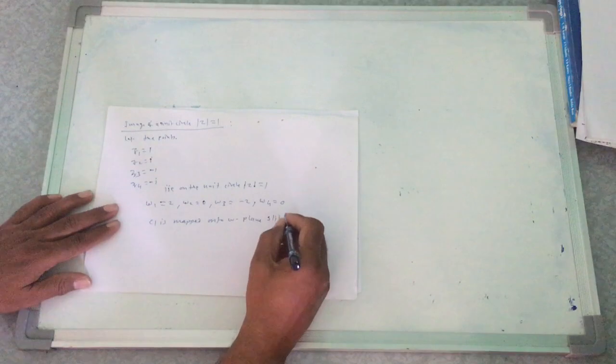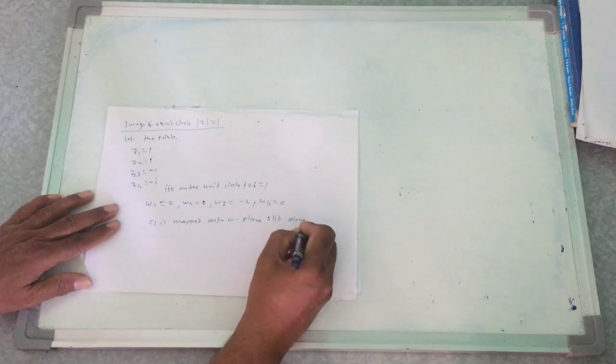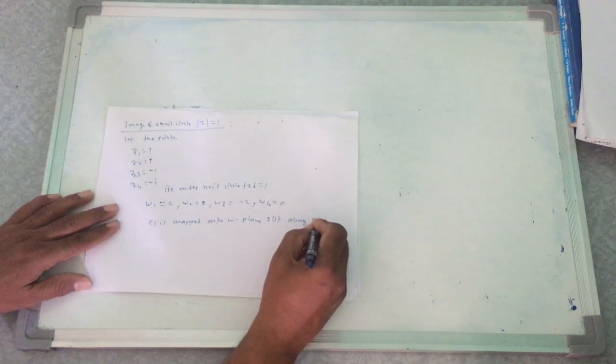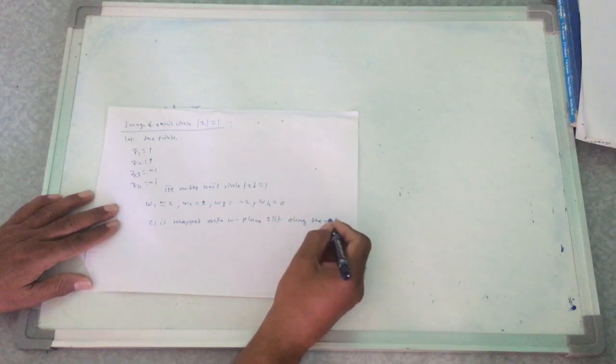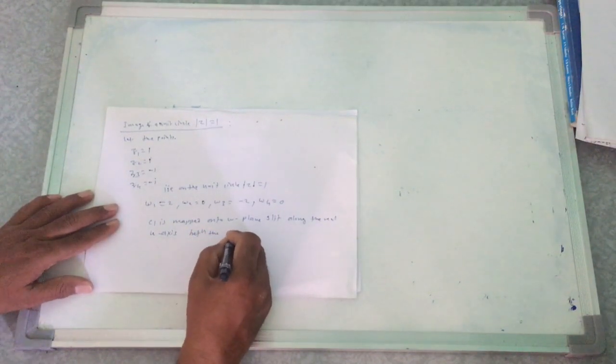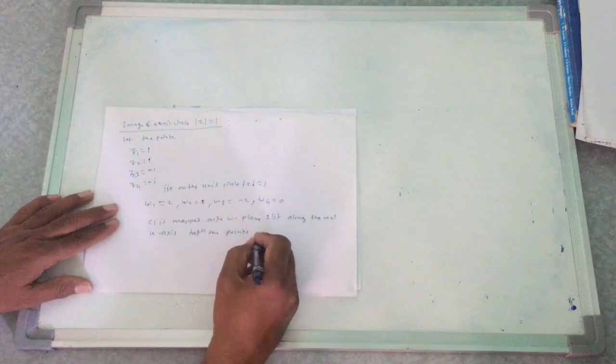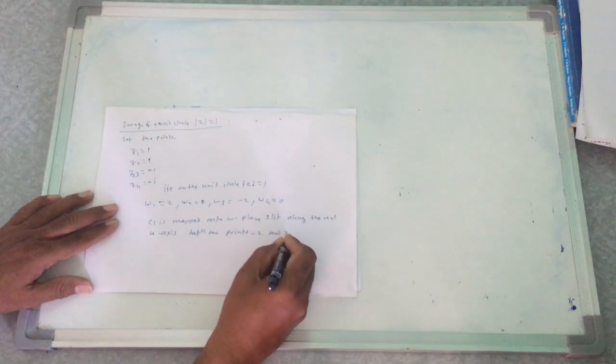Slide along the real u-axis, along the u-axis between the points -2 and 2. So we have this figure.